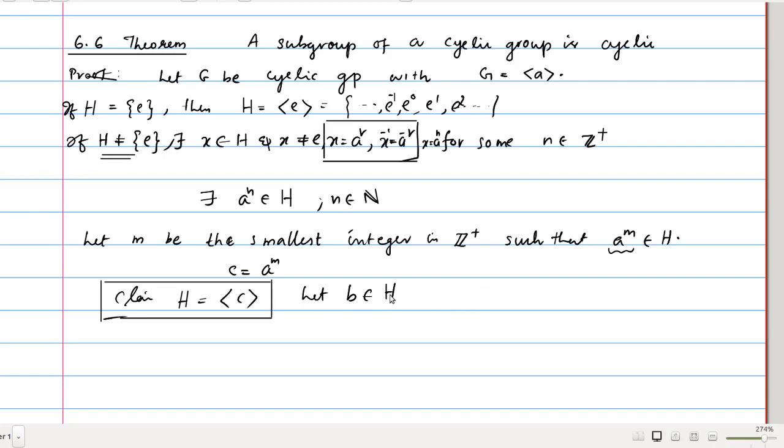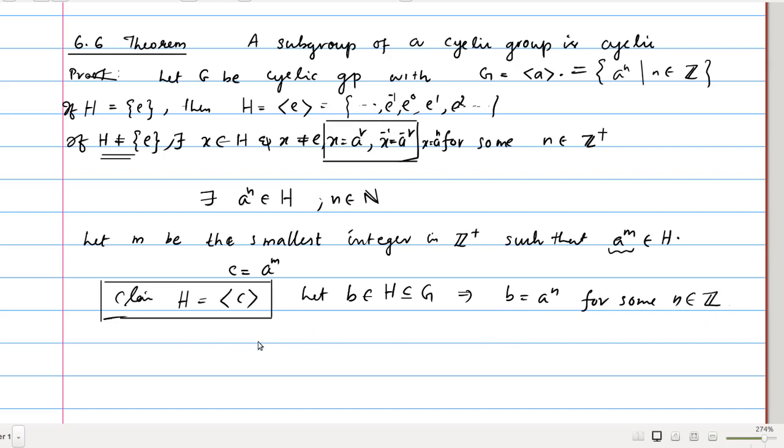Since B is an element of H, and H is a subgroup of G, every element of G takes the form a raised to n, where n belongs to Z, because a is the generator of G. So B can be written as B equal to a raised to n for some n belonging to Z.